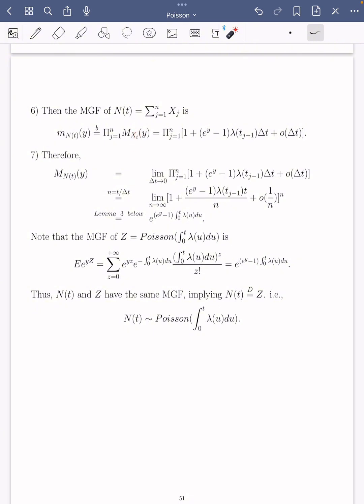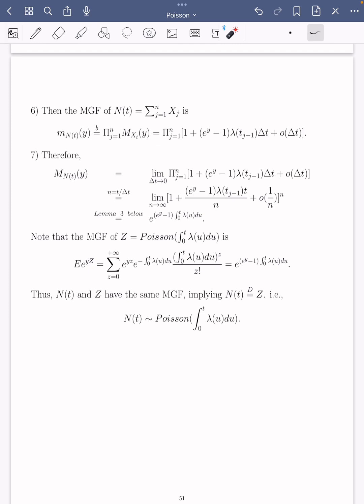So it's equal to this product. Now we can take the limit for delta t going to 0. So we have this limit, and we replace the delta t by t over n.